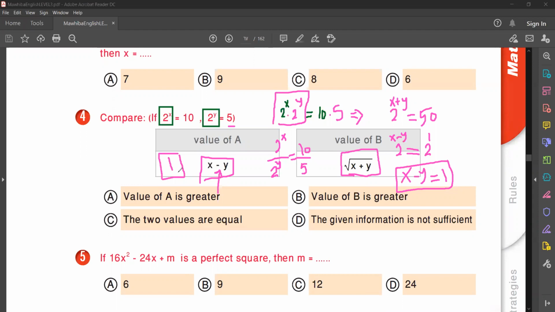We see here, I want 50 in the same base, but I can't.